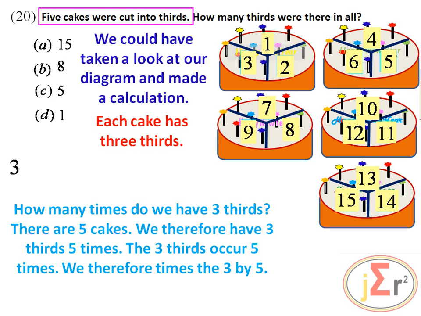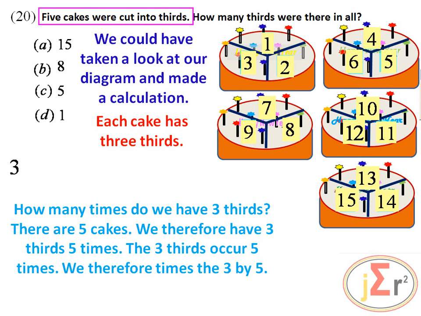We therefore times the 3 by 5. And that is what teachers say to give students always. That's a very good thing, I think, that when teachers see a particular number occurring a particular number of times, then the teacher says that we have 7 occurring 2 times, so times the 7 by 2.